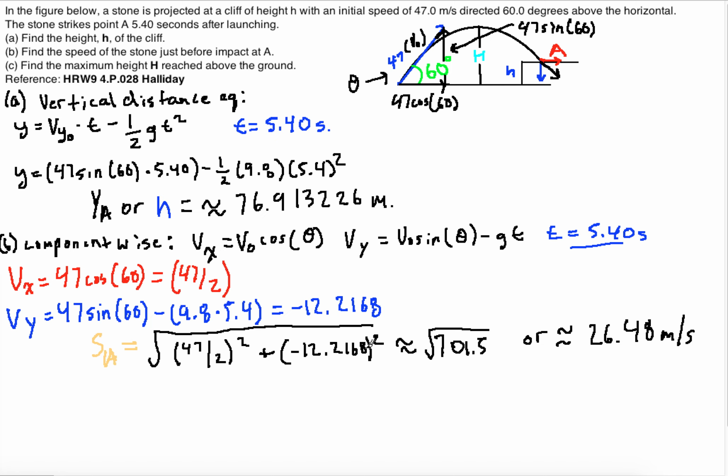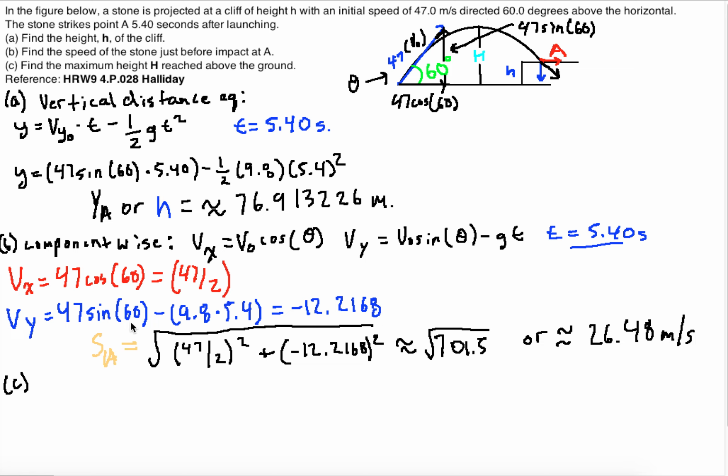So lastly, let's move on to the final part, part C. Part C is asking, find the maximum height h reached above the ground. So the maximum height is here, and this is the maximum height of the system. So how do we find this?